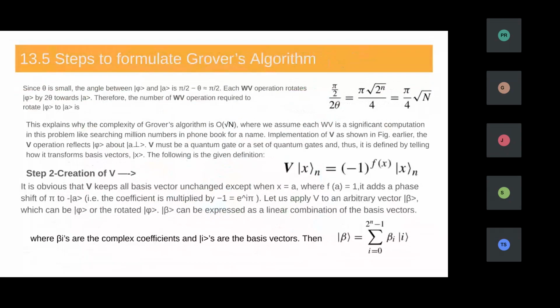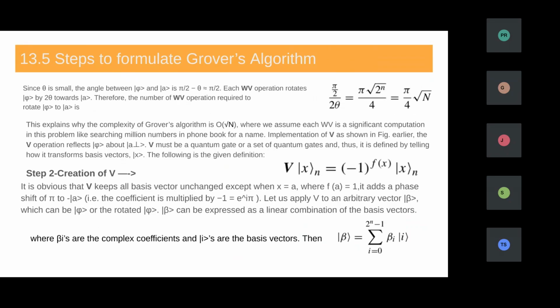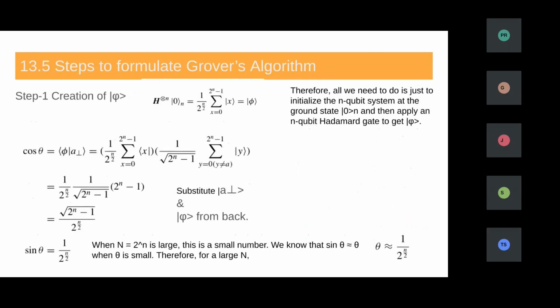So now what happens, since theta is small and pi by 2 minus theta, there is a V and W which is what we are trying to apply, and it turns out that you can substitute this theta, which is 1 by 2 to the power n by 2 here, and then pi by 2 theta is coming.